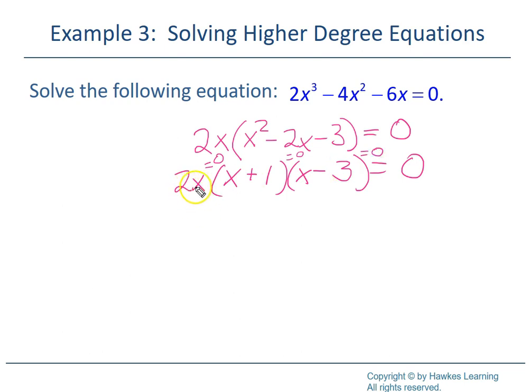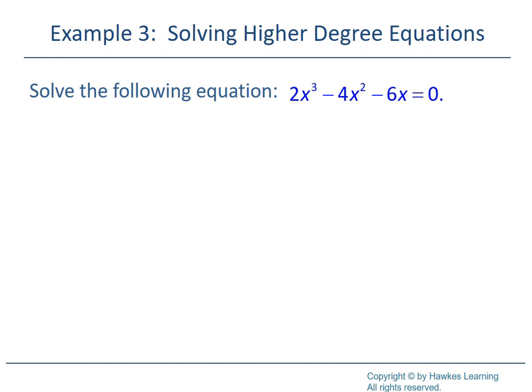And here, this is going to be x equals 0. Here, this is going to be x equals negative 1. And here, this is going to be x equals 3. So I'm saving a little time. We've done some of this before, and we're just trying to keep it not too long here. And we'll show it to you.